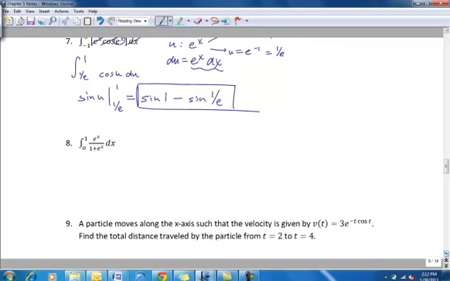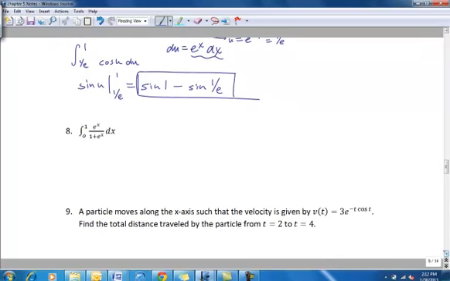Okay. Number 8. Integral from 0 to 1 of e to the x over 1 plus e to the x. Now this is interesting. Hopefully you've practiced enough to see this pattern. Here's what I'm seeing: a fraction where the derivative of the denominator is in the numerator.